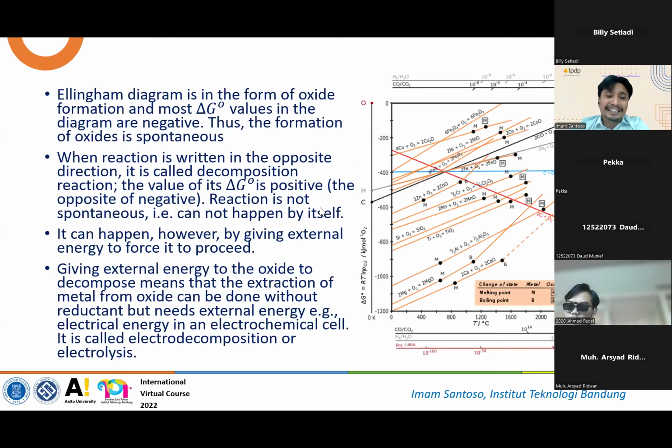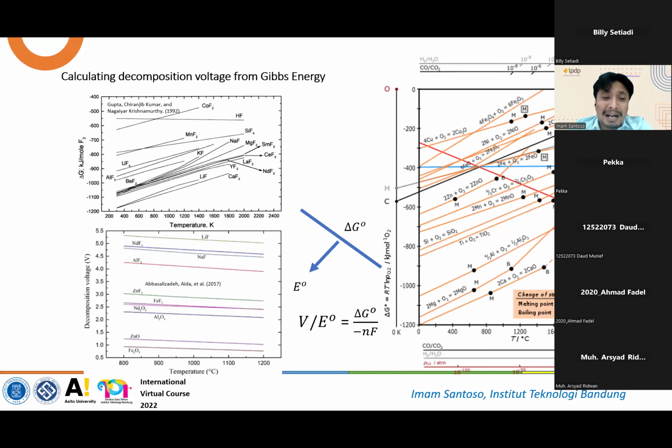So this is the example. This is the Ellingham diagram. Now we want to change it to become the potential diagram. In the Ellingham diagram, X is temperature and Y is Gibbs energy. Now we want to change to this one.